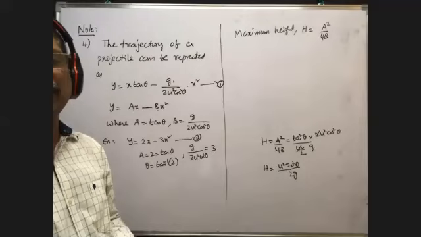Along the vertical direction, the initial velocity uy is equal to u sin theta, and acceleration is equal to minus g. After time t, what is the vertical component of velocity? vy is equal to how much at this point?